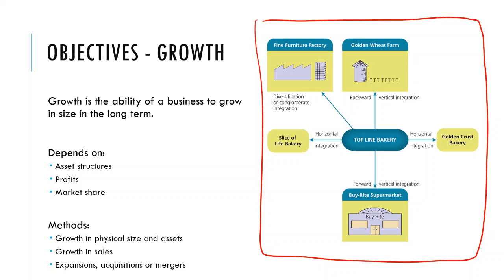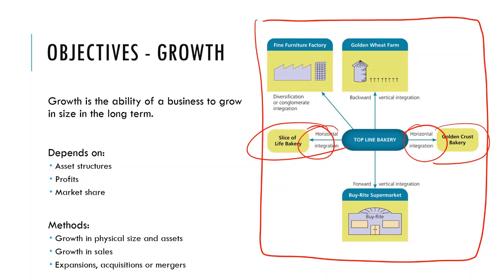They might diversify their product, and they might integrate horizontally. So if you're a bakery, I might take over other businesses. I might look at merging, I might look at acquiring, mergers and acquisitions.